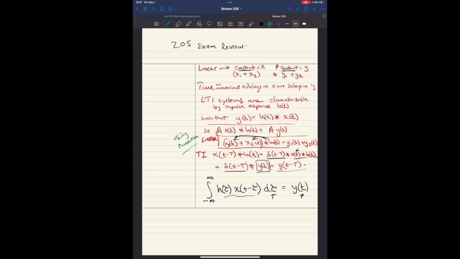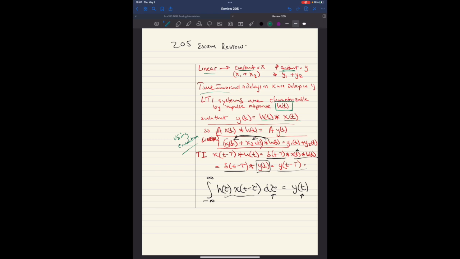Okay. We also learned that LTI systems are characterizable by their impulse response, this very special function that allows us to define them. And that's because linear and time invariance are hallmark characteristics of convolution itself. So y of t for an LTI system is defined as the convolution of an input with the impulse response.